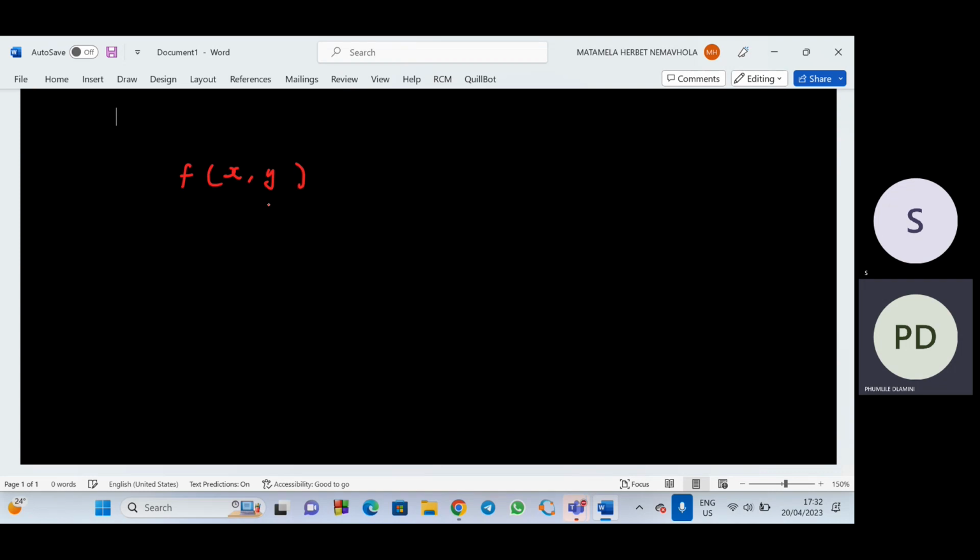So now when we have this function of x and y, we are working with a function of 2 dimensions, 2D. For example, we can say x squared y plus, let's say, y plus x.